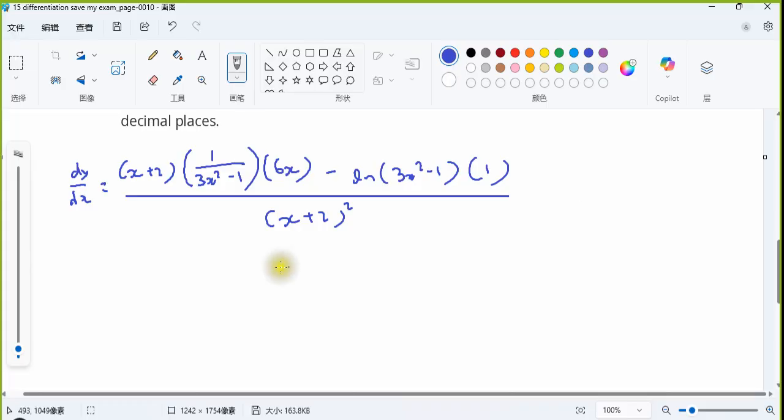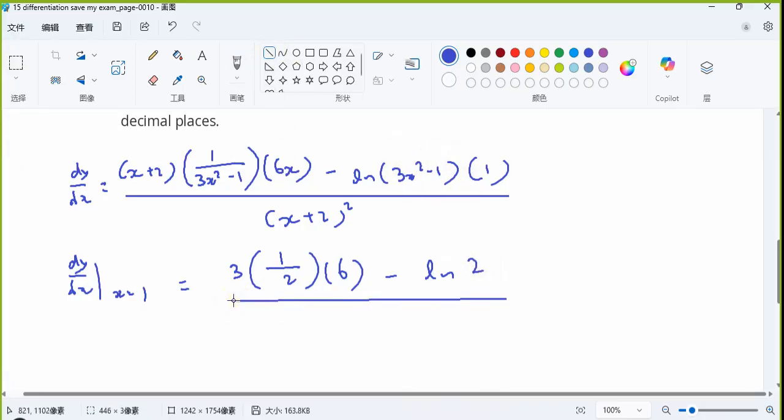Okay, what we can do is find dy/dx when x equals 1. Then we have 1 plus 2 is 3. 1 over (3 minus 1) is 2, multiplied with 6, minus ln(3 minus 1), 2, over this one, 1 plus 2, 3. 3 squared is 9.